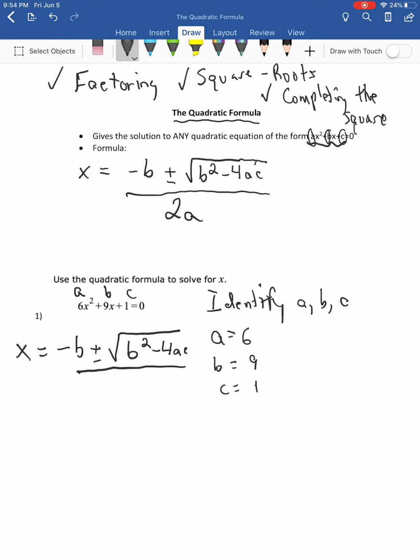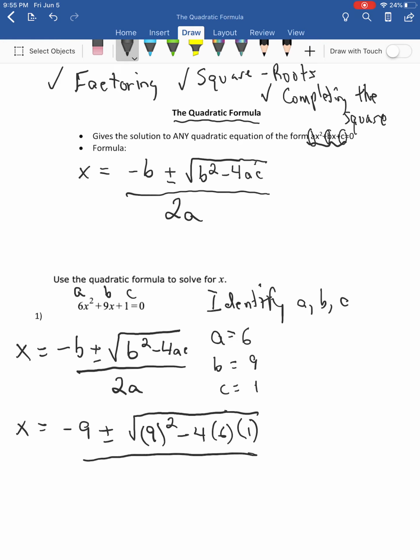First identify the values of a, b, and c, write down the formula, and then substitute. So x equals negative b, so negative 9, plus or minus the square root of 9 squared minus 4 times 6 times 1, all over 2a, and a is 6, so 2 times 6.